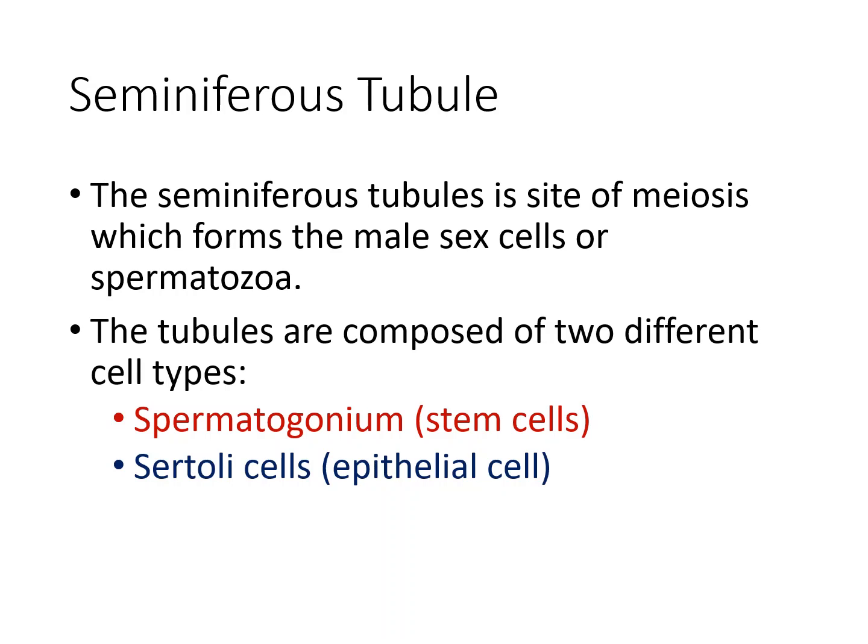The tubules themselves in cross-section, I'll show you that in a minute. The bulk of the tube is made of what are known as Sertoli cells, which resemble simple columnar epithelial cells. They are an epithelial cell, and we've talked about that before, how epithelium will form ducts or tubes. But in addition to that, we have some stem cells known as spermatogonia that are also located there.